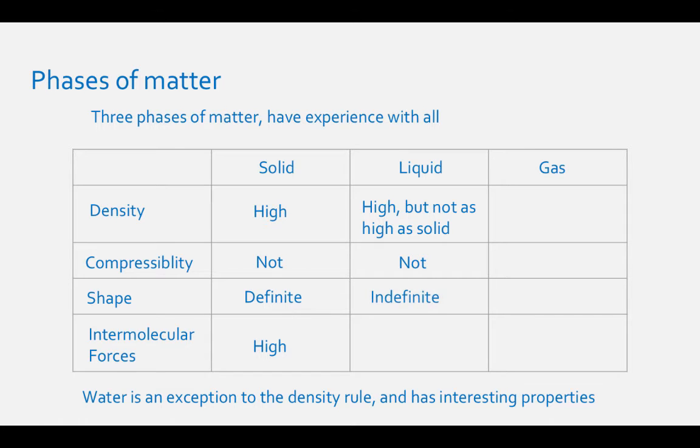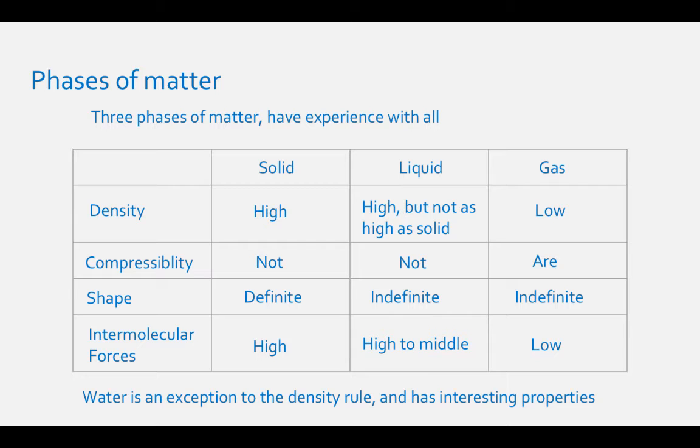They have an indefinite shape because you can change their shape by pouring from one container to another. And they have high to middle intermolecular forces. Gases have low density. They are compressible. Ever fill a tire with air? They have an indefinite shape, and they have low intermolecular forces.